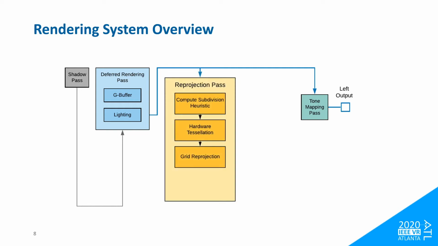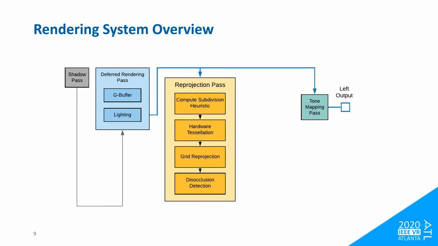Now onto the generation of the right eye image. To this end, the left eye image as computed by the lighting stage as well as its associated depth buffer are forwarded to the reprojection pass. Here, the radiance information from the left eye is reprojected into the right view using an adaptive grid warping approach. The resulting reprojection will contain errors caused by areas not previously visible in the left eye.